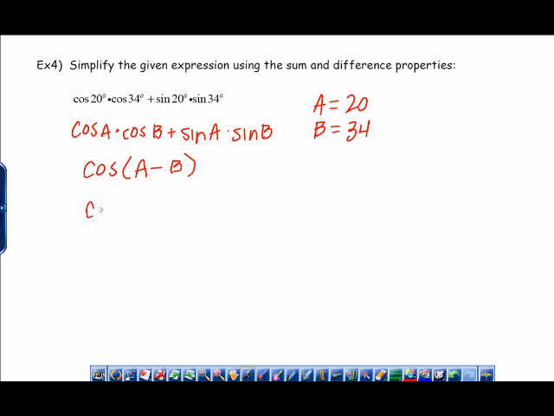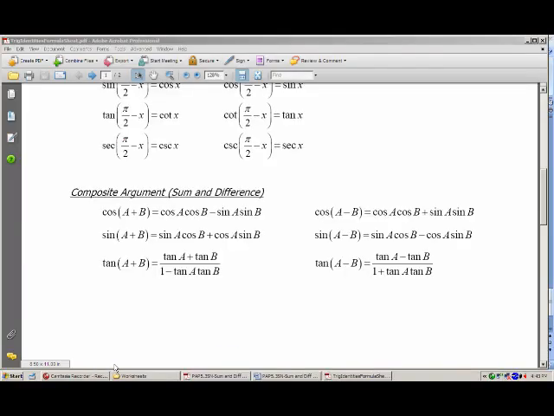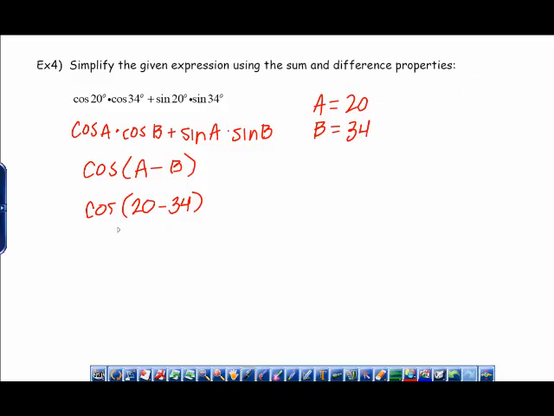So then this is going to be cosine of A is 20, and B is 34. Then 20 minus 34, that would be negative 14.